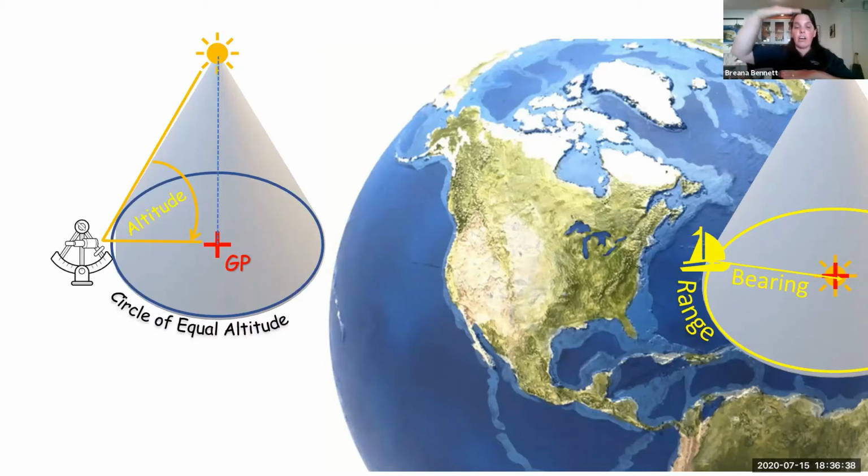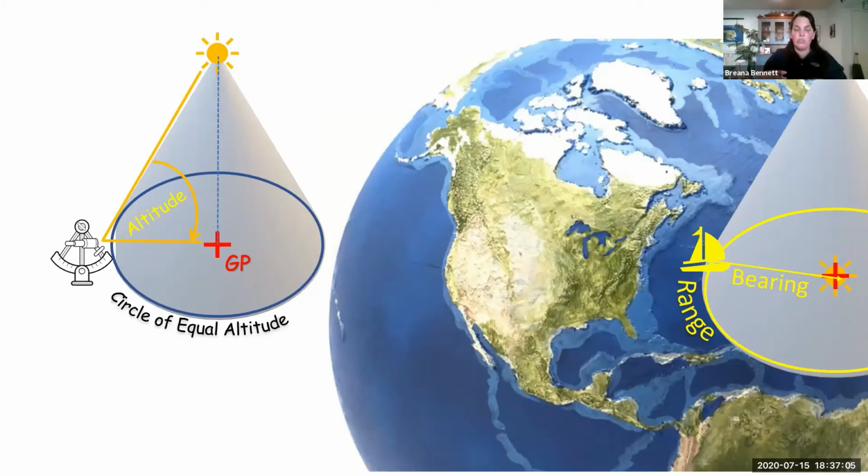Declination is how far that celestial body is above or below the equator. So declination is equivalent to latitude, if you want to think about it that way. And then your GHA is equivalent to longitude. So your GHA and your declination give you that geographic position of where that star is in the celestial sphere, so where that star is on the Earth.